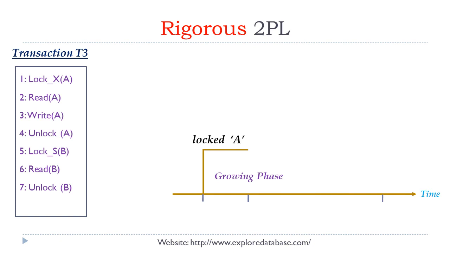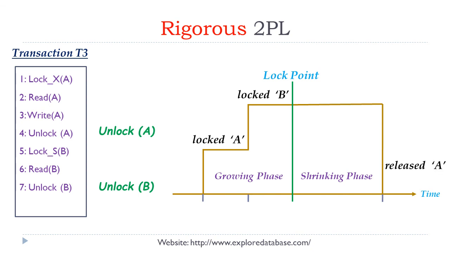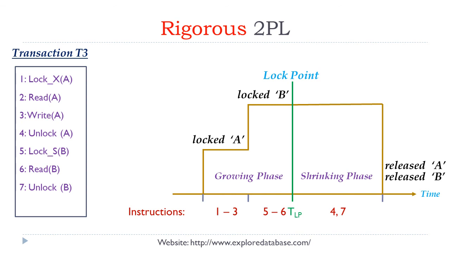First one is A in exclusive mode, we locked it. Then we request B in shared mode, and that too is locked. Now we have reached the lock point. Now as part of the shrinking phase, we are going to retain both the exclusive lock as well as the shared lock. That is, we retain the locks on A and B. Once we have reached the end of the transaction, that is during commit, we unlock both A and B. This is done with rigorous 2PL.